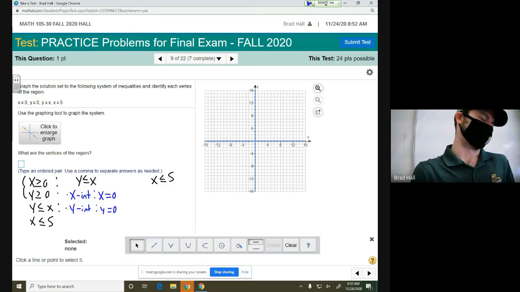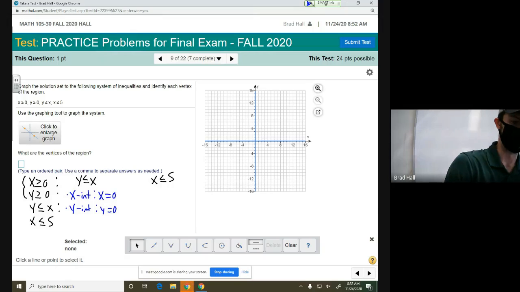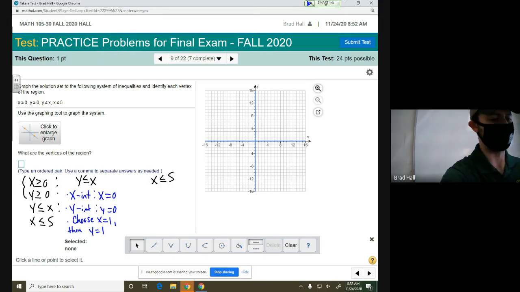This is pretty much the only situation you encounter this in. What you need to do is go find another point. You choose X is equal to 1, then Y is also equal to 1.